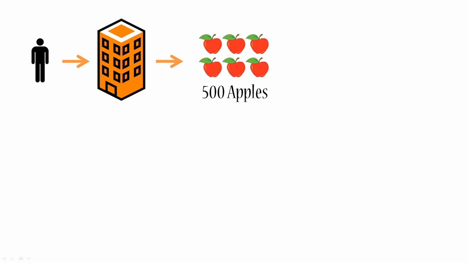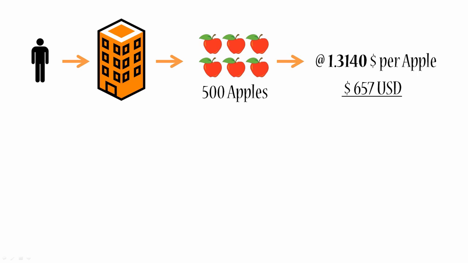So you borrow 500 apples from your broker, and you then take these apples to the Forex market and you sell them at $1.3140 per apple, and that gives you in return 657 US dollars.